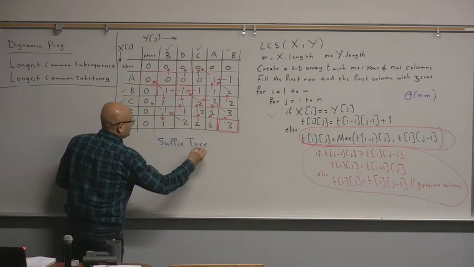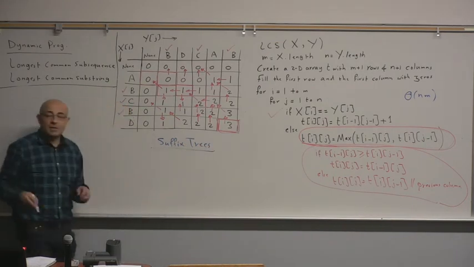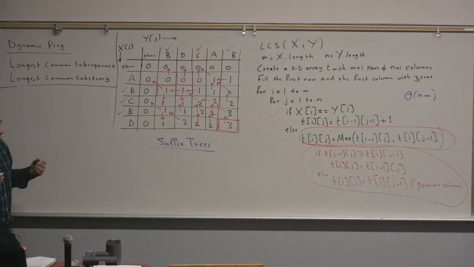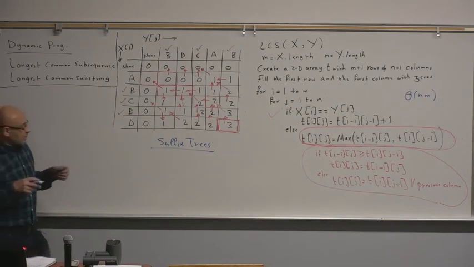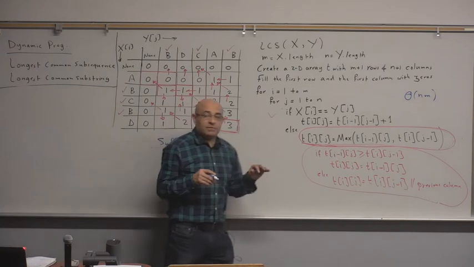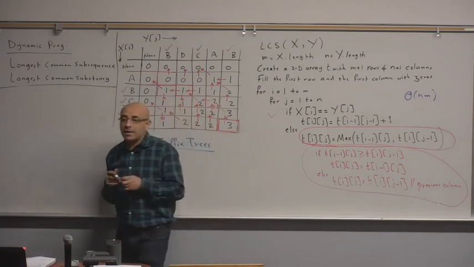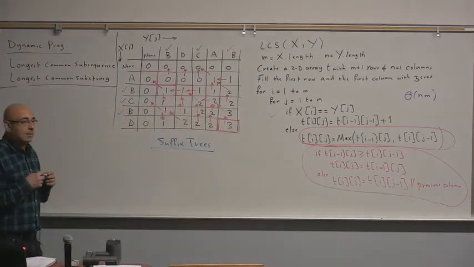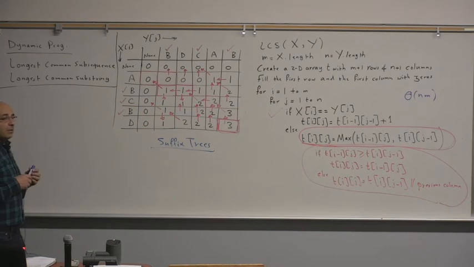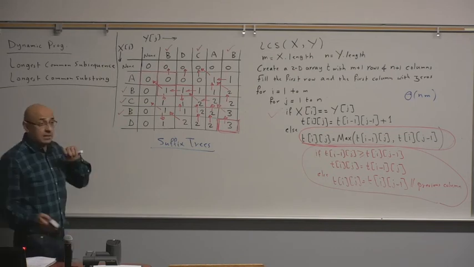Suffix trees can be used to develop algorithms that are much more efficient than the dynamic programming algorithm that we are about to describe. But we will study this algorithm anyway as an application of dynamic programming. I just want you to know that this is not the most efficient.